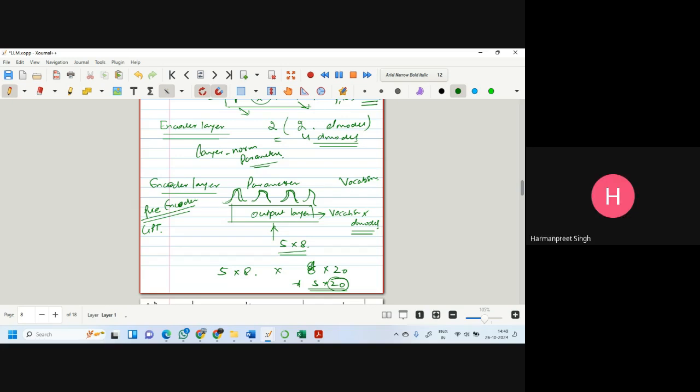GPT is decoder, sir, right? Oh, sorry, decoder. Yes. But I'm saying this, for example, in our PA1, we were given an output layer also.